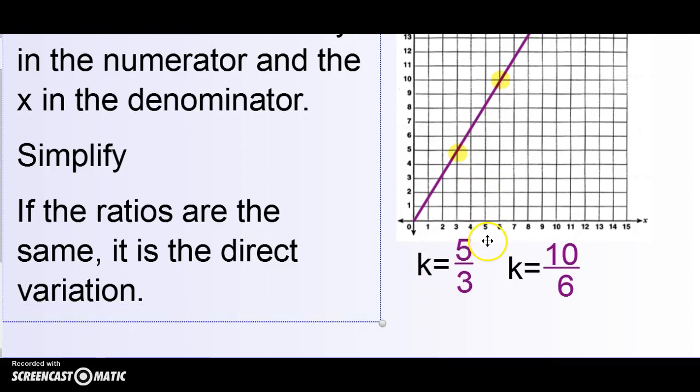So here again, you're going to look at the y and put the y in the numerator, 5 over 3, and create a ratio. Then looking again at this one, 10 over 6, and then you would reduce that to 5 over 3 as well. And so your constant is actually the ratio 5 over 3. This should have been reduced.